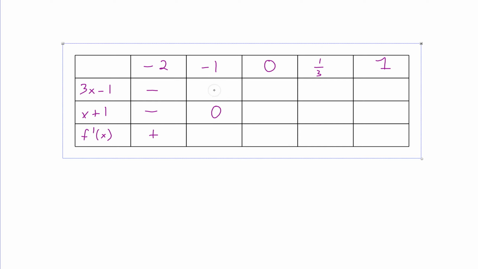Here we have 0, here we have minus, this remains 0. Here we have minus, here we have positive, here we have negative, here we have 0, here we have positive, so 0, and here we have positive, here we have positive, so this is positive.